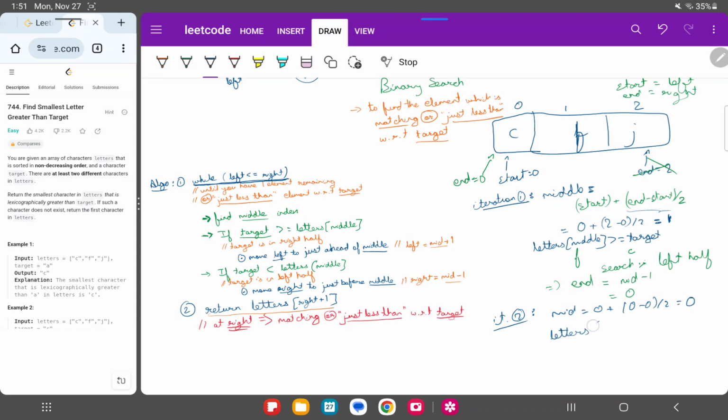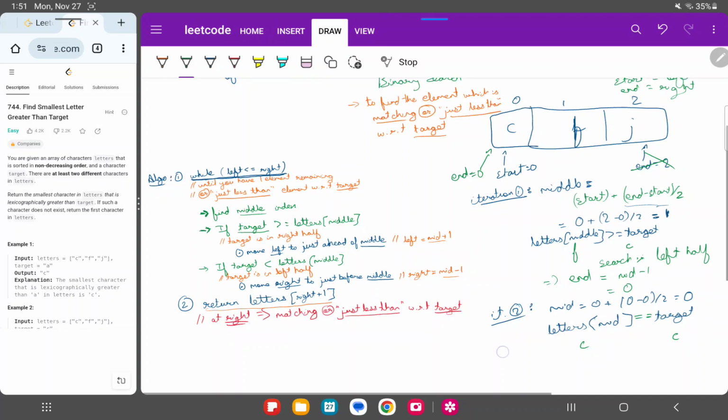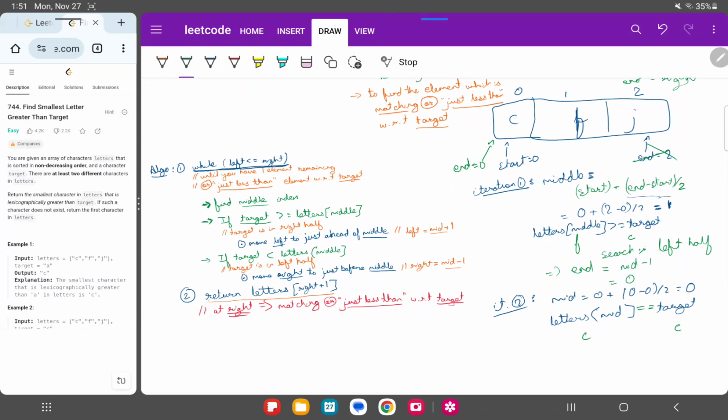So letters middle as compared to target, what is letters middle? Letters middle is C, and what is target? Again it's C. So this is just equal to, right? So we have a match. Since we have a match, and after this iteration this condition is satisfied, we have to exit the loop.